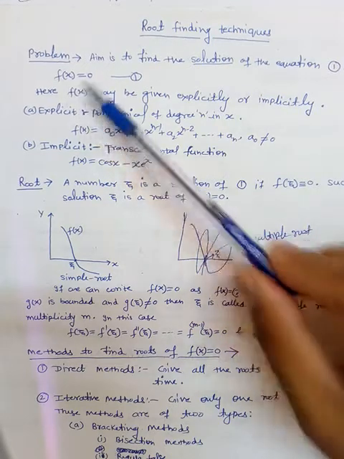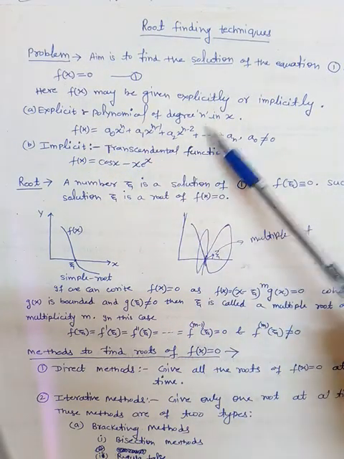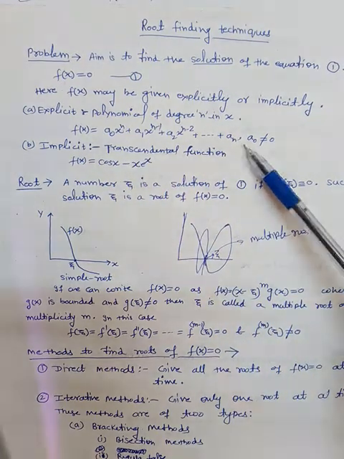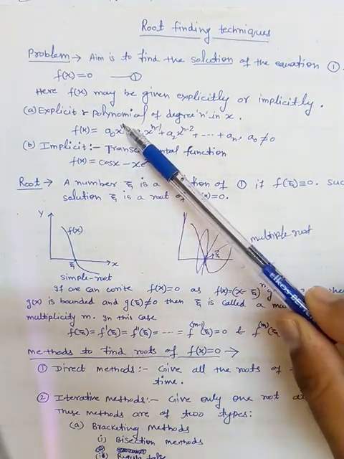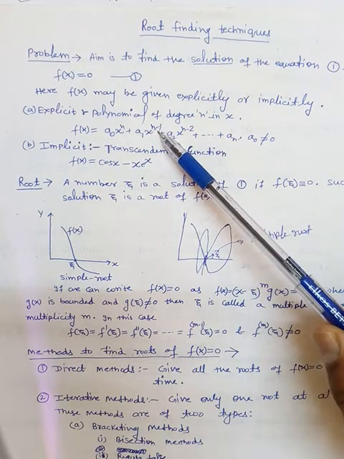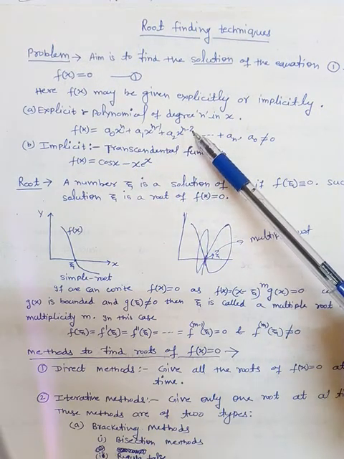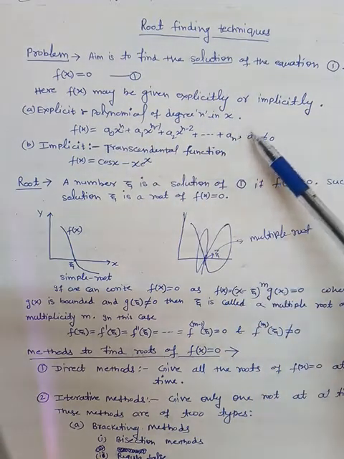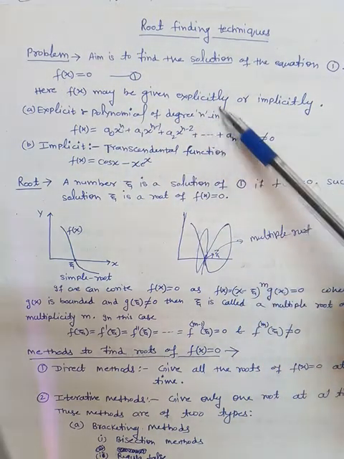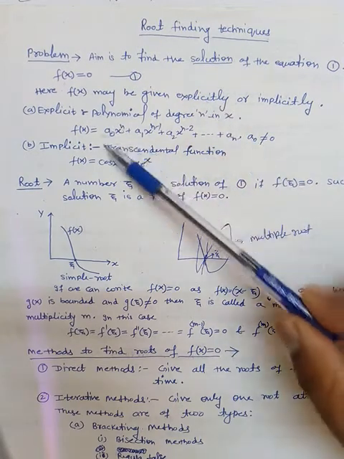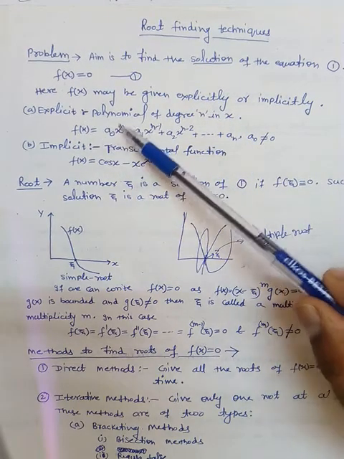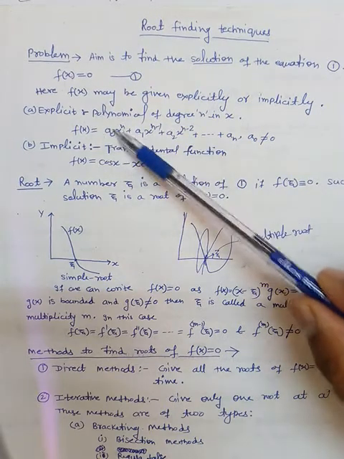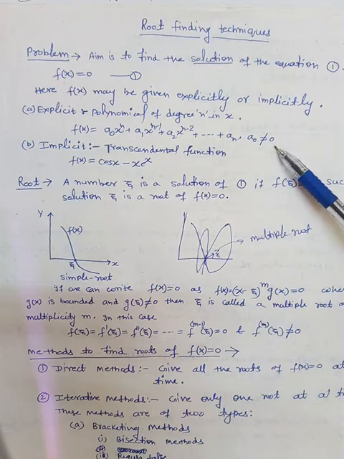If f of x is a polynomial of degree n in x, then f of x can be written as a0 x^n plus a1 x^(n-1) plus a2 x^(n-2) and so on, plus an. Since the degree of this polynomial is n, a0 should be non-zero, otherwise its degree will be n minus 1. That's why a0 should be a non-zero quantity. This is the additional condition.